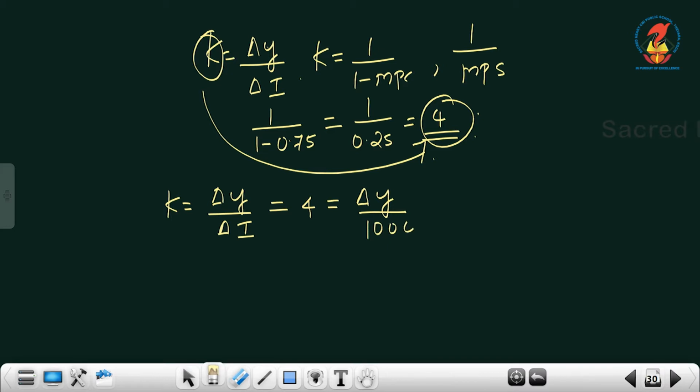Delta I is 1000 crores. From this you can find out the value of delta Y. Delta Y is equal to 1000 into 4, isn't it? When it comes, it is 1000 into 4 is equal to 4000 crores.